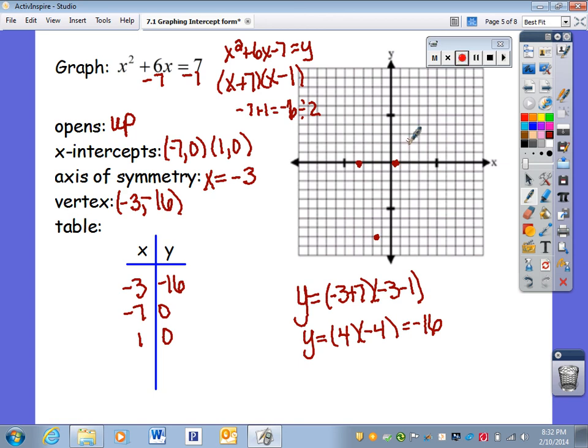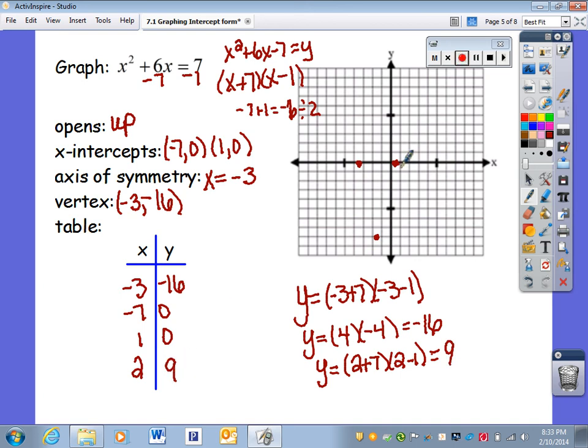So let's take a look if we're at +2 to find that point. So y is equal to 2 plus 7 and 2 minus 1 when we substitute in to find the other part of our point. So that's going to be 2 plus 7 is 9, and 2 minus 1 is 1, and 1 times 9 would be 9.